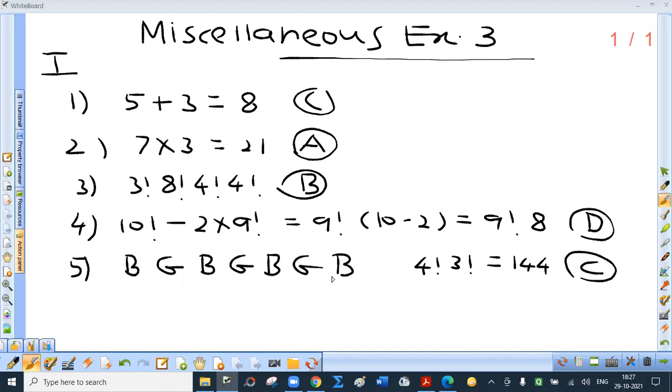Then only they can be arranged alternately. So boy, girl, boy, girl, boy, girl, boy. So 3 girls and 4 boys. Now 4 boys can be arranged in 4 factorial, that is 24 ways. 3 girls in 6 ways, 3 factorial. So by fundamental principle, total number of arrangements 24 into 6, that is 144. It is given in option C.